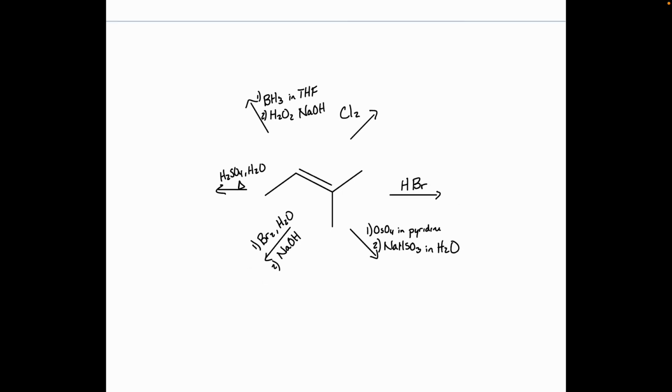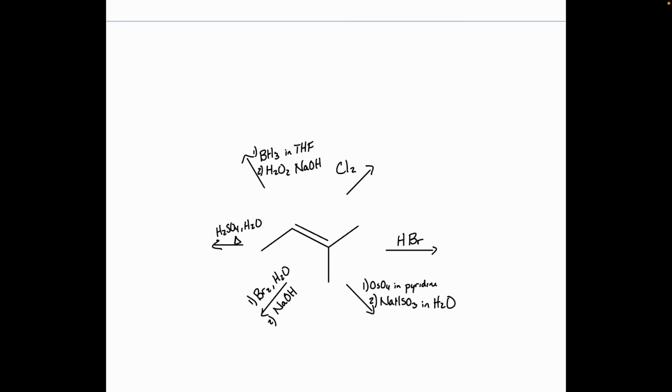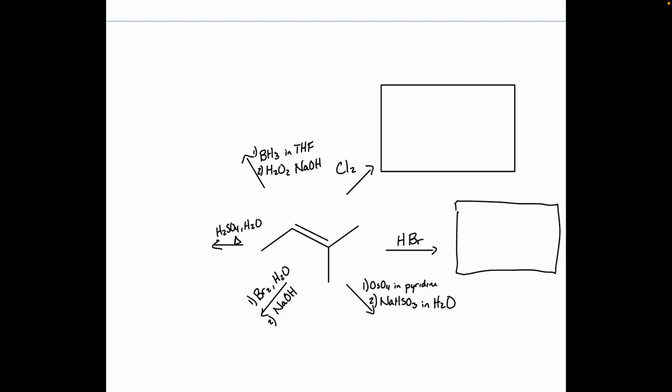All right, so this is a great way. These are called reaction wheels, a great way to summarize the reactions of a chapter. So here, we're just going to take the same starting alkene, and we're going to do these 6 different reactions here.